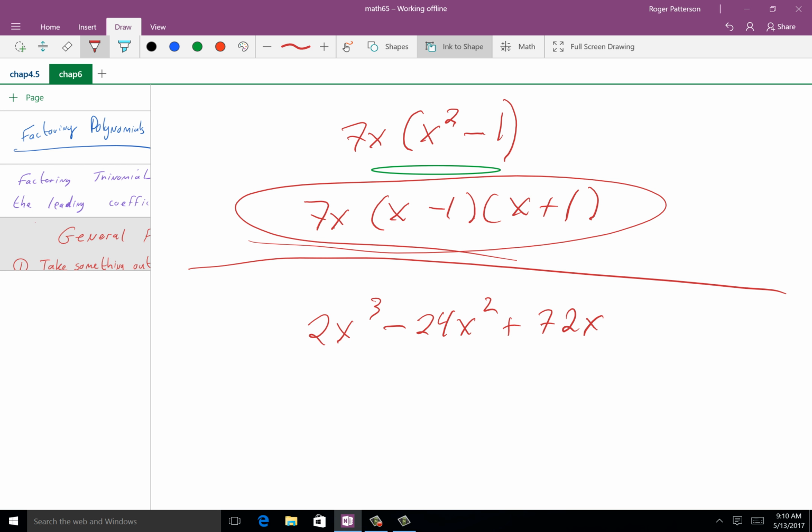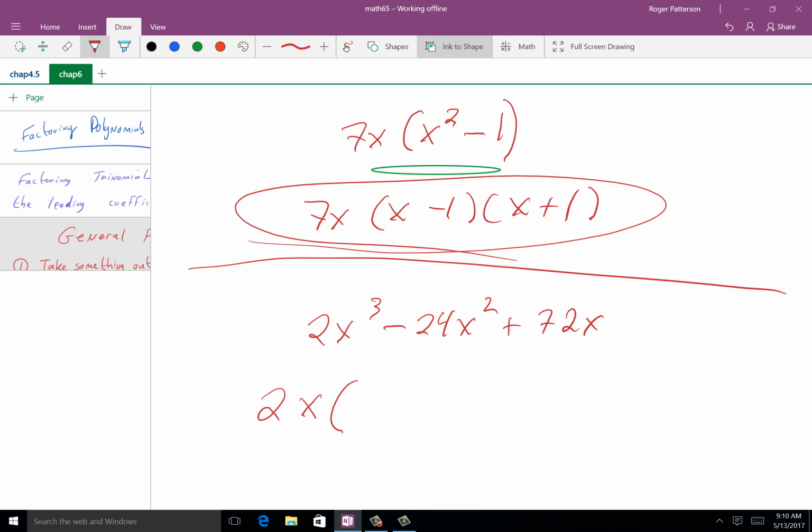First thing I'm going to ask, can I take something out? Yes. What can we take out? 2 and x. I have an x in each one of them, so I'm going to take that out. Parentheses. Now I'm going to divide that out of there, so what are we going to get left over here?